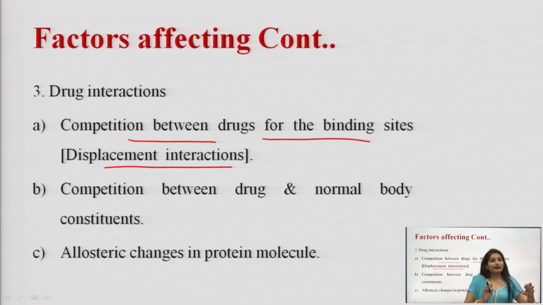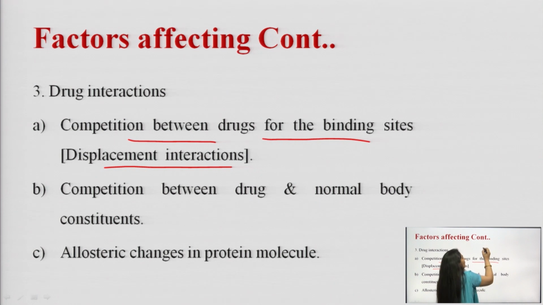The drug which has more affinity towards the binding site will bind. If another drug that we have administered has more affinity as compared to the previous drug, then this drug will displace the previous drug and bind to the binding site. So, this is the displacement interaction.